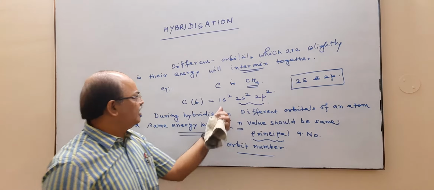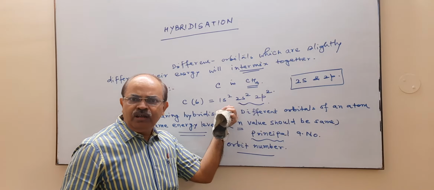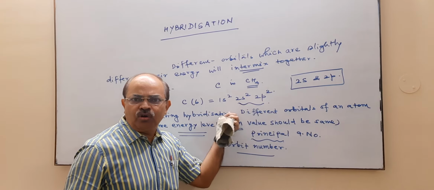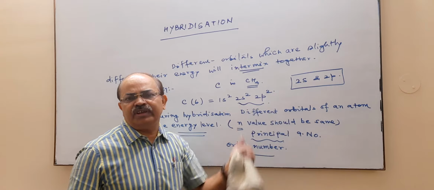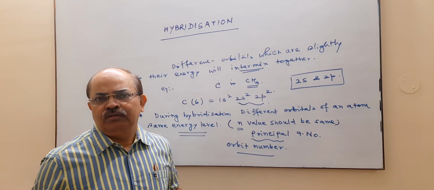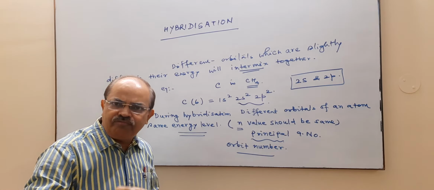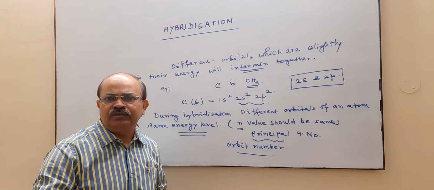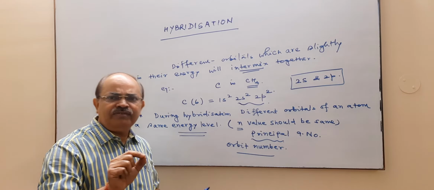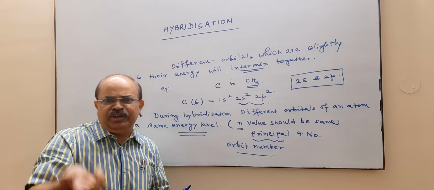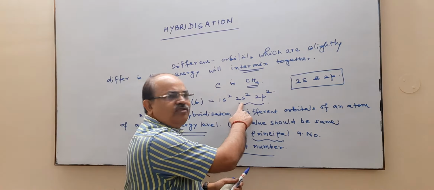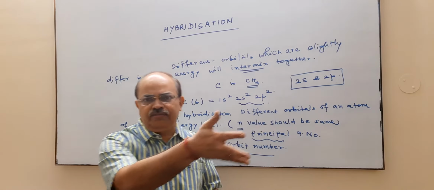During hybridization, 1s will mix with 2s or 1s will mix with 2p. तो hybridization का मेन पॉइंट ये हुआ कि the different orbitals having slightly different energy. Naturally the energy of 2s and 2p will differ.